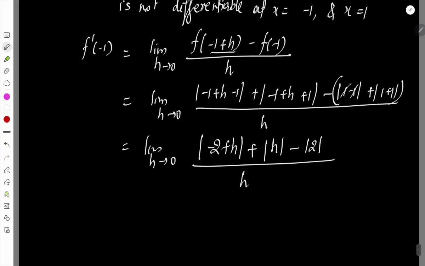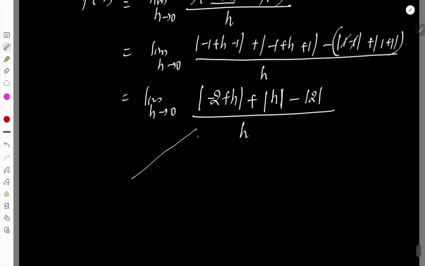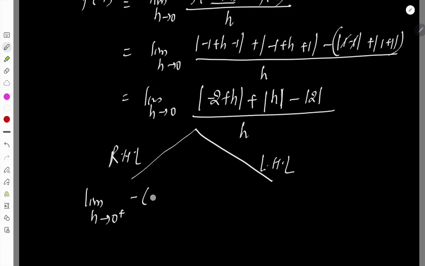We can write this one. Now you see there is a problem to open these modulus, correct? So take LHL and RHL to open it. RHL: limit h tending towards 0 plus, for h greater than 0, h just greater than 0 means minus 2 plus 0 point something, it will be negative only, so open with minus sign, minus of minus 2 plus h.